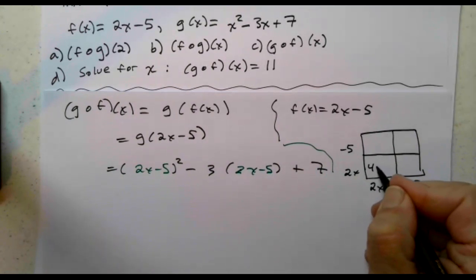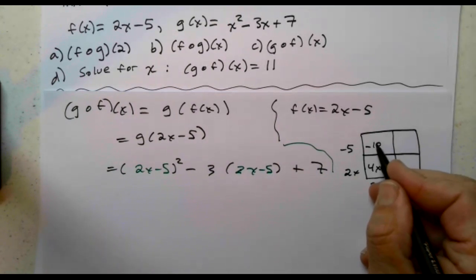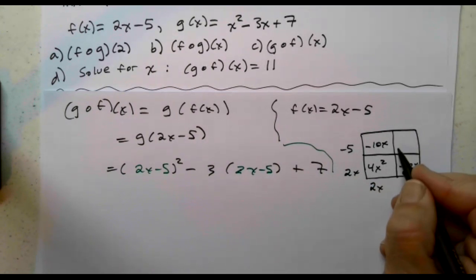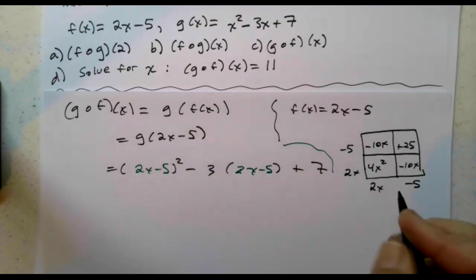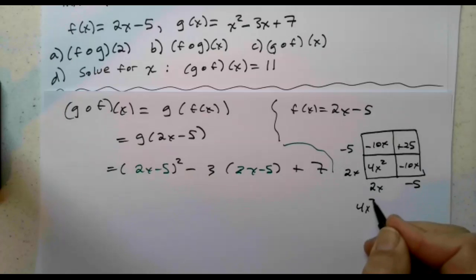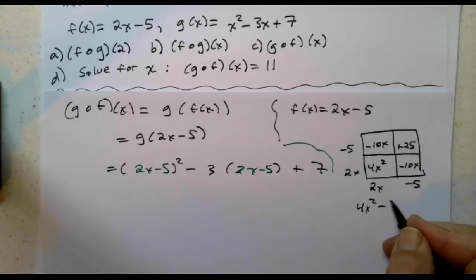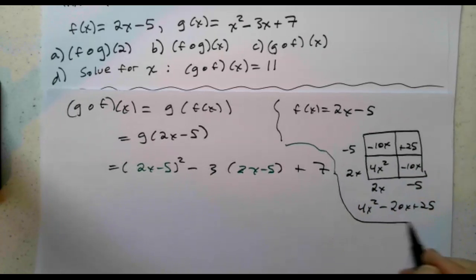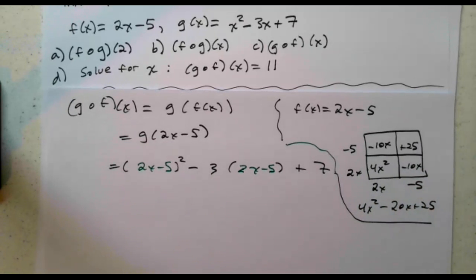I have 4x squared, minus 10x, minus 10x, plus 25, and I get 4x squared minus 20x plus 25.